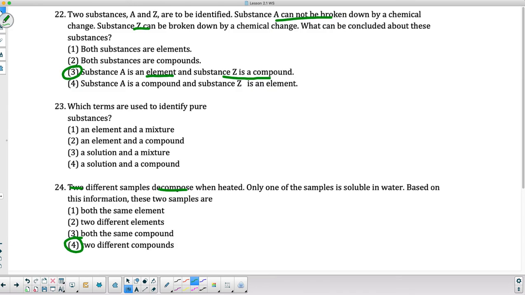But one of them is soluble in water. Soluble means it can dissolve in water. When you dissolve something in water, that's how you get a solution, or one way you can get a solution. So based on this information, these two samples are two different compounds.